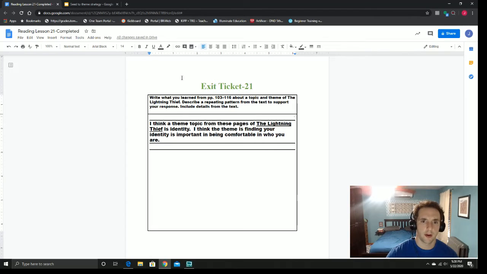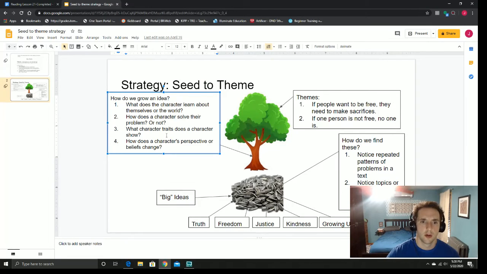Okay. Here's why I think that. Throughout these chapters, Percy doesn't know who his father is, right? So he's trying to figure out more about himself so he knows how he fits into the world. He feels really uncomfortable. He feels really lost. And I think if he knew who his father was and knew who he himself was, and had a better idea of how he belonged, he would feel more confident in himself.